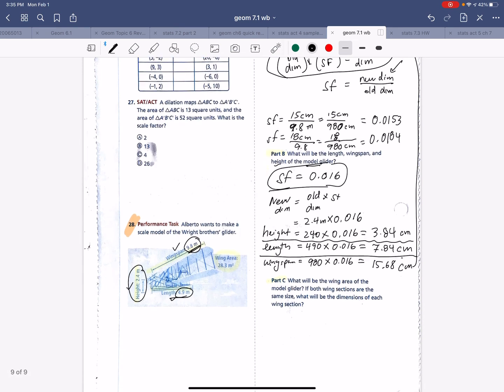All right, part C, what will be the wing area of the model glider? All right, so that's a meters squared kind of a thing. If both wing sections are the same size, what would be the measure of each wing section?